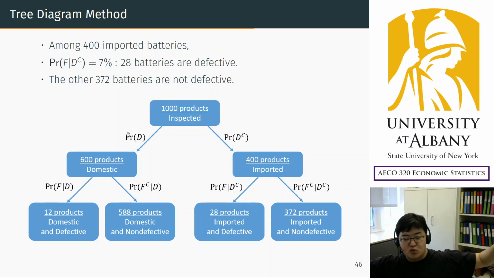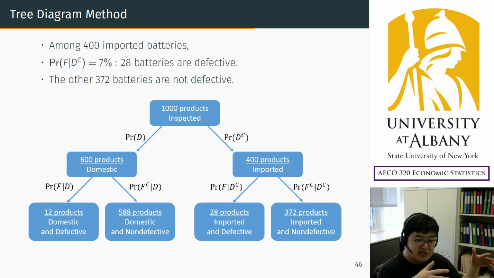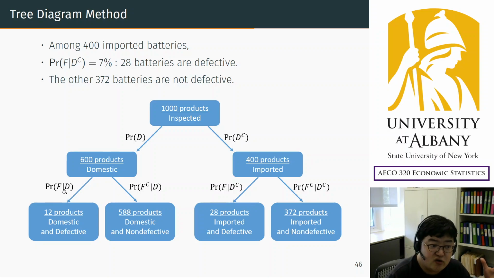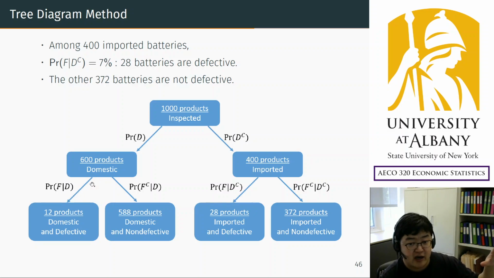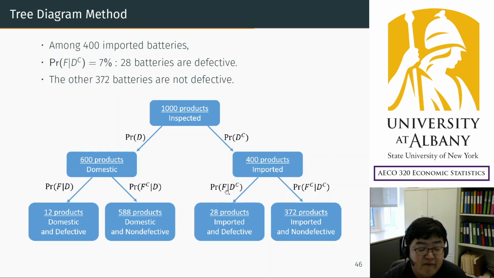Once you classify the batteries into subcategories, in each subcategory they share one condition, right? So then you use the conditional probability based on that condition. Here in this pile you apply the domestic defect rate, and on the other pile you apply the import defect rate, right?